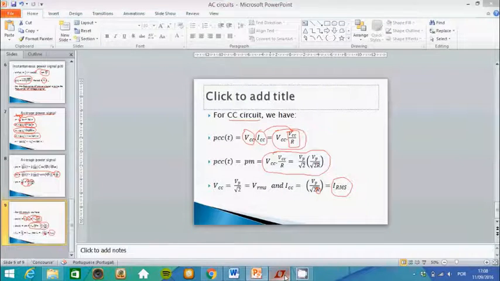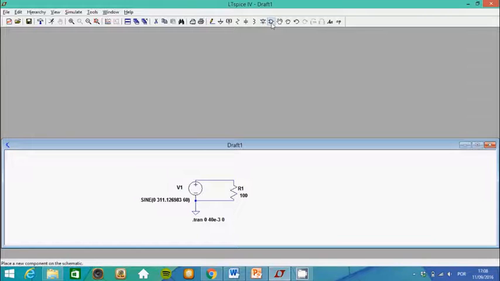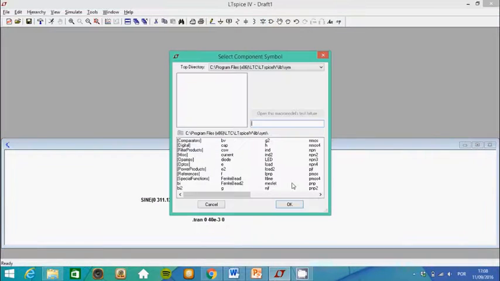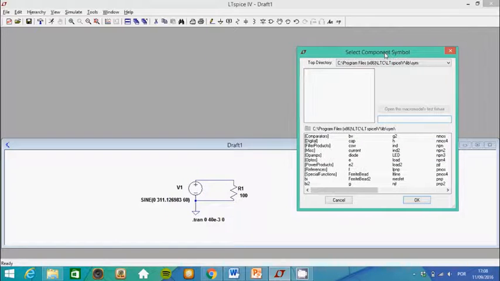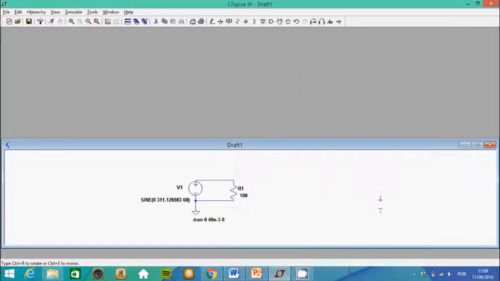so let's put another circuit, voltage. Okay, let's put a ground.